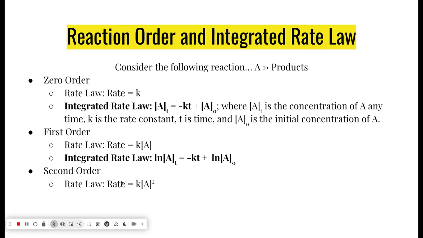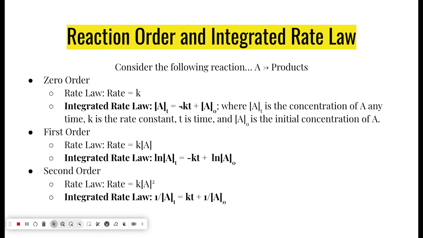For a second order reaction, we know the rate is equal to the rate constant times the concentration of A squared. So the integrated rate law would be 1 over the concentration of A at any given time is equal to kt plus 1 over the initial concentration of A.